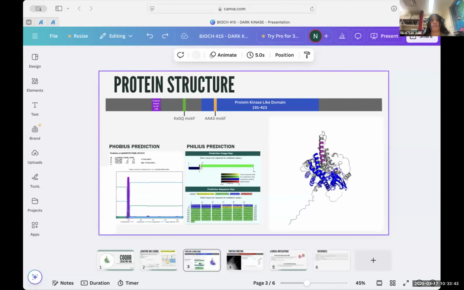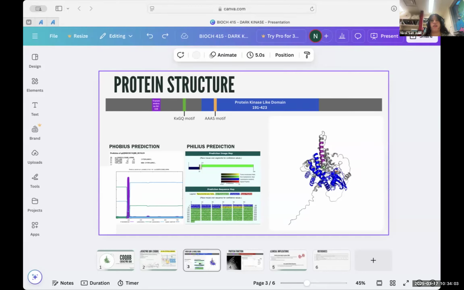It also has a KXGQ domain, which blocks a crucial part of what would be the active site. It's the green here. This is where the substrate binding pocket would be, but because it has this domain, it's unable to perform phosphorylation.